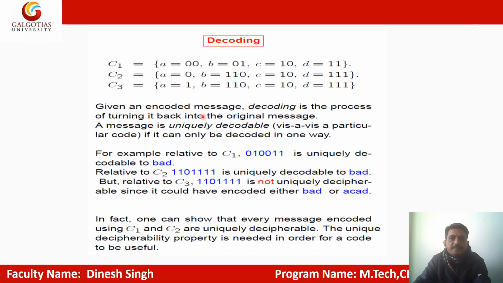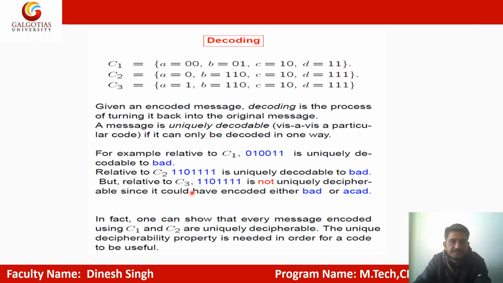Given an encoded message, decoding is the process of turning it back into the original message. A message is uniquely decodable if it can only be decoded in one way. For example, related to C1, 010011 is uniquely decodable to BAD. Related to C2, 1100 11 is uniquely decodable to BAD.